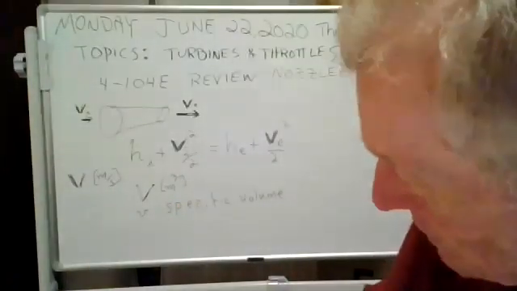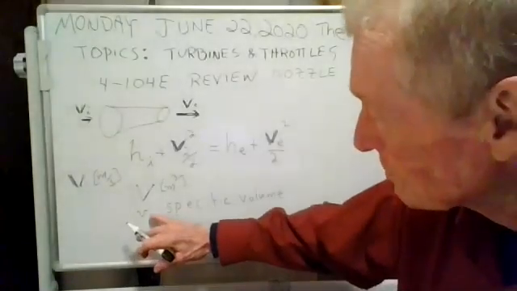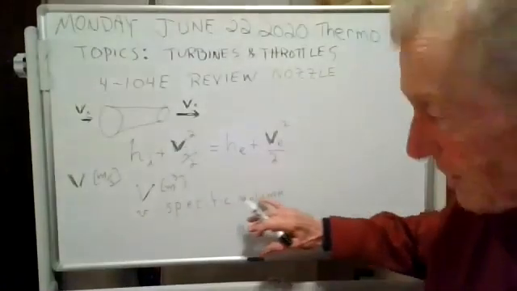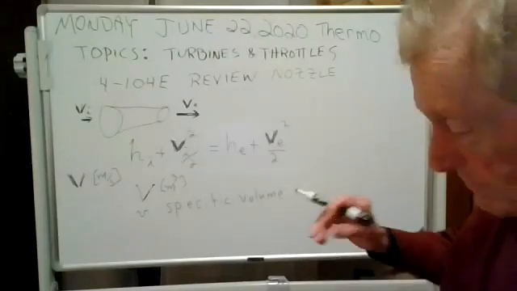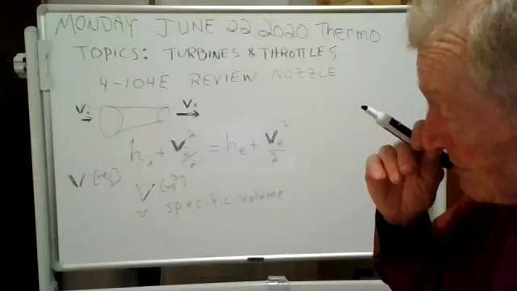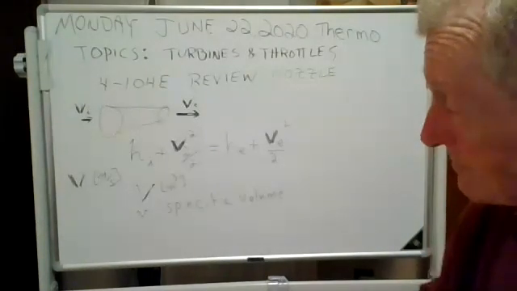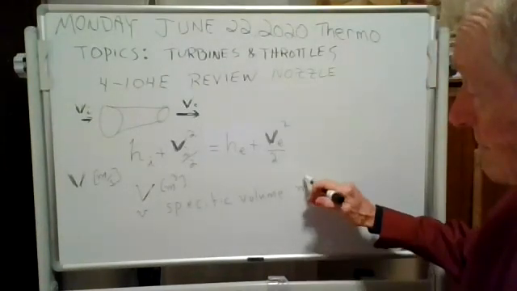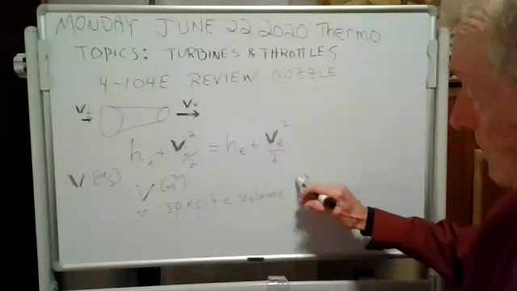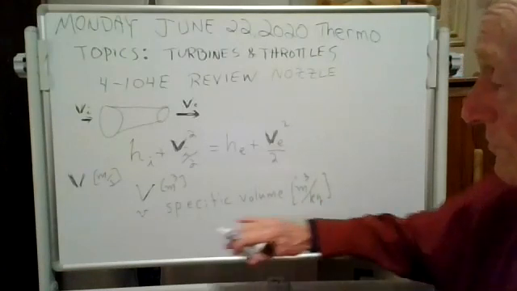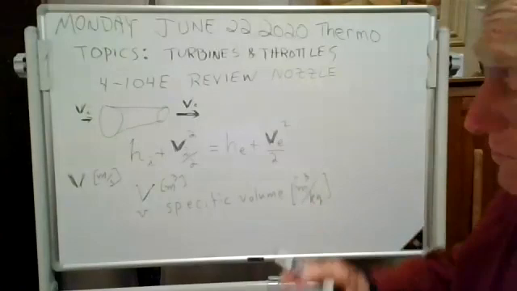Roxana, what are the units for this little V? I think it's meters cubed per kilogram. Exactly. Good going. The units for specific volume are cubic meters per kilogram.